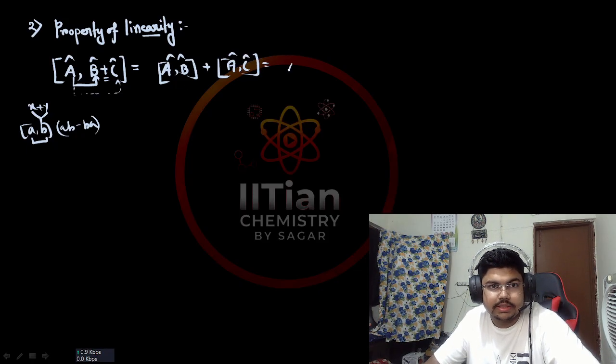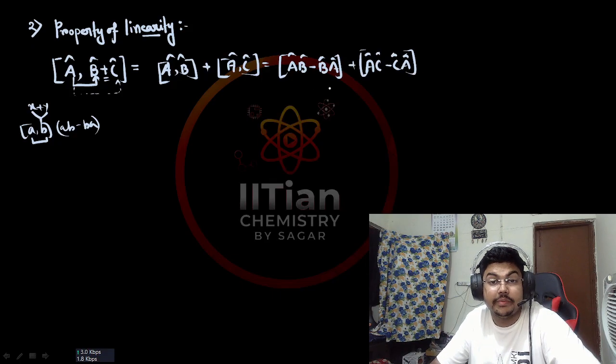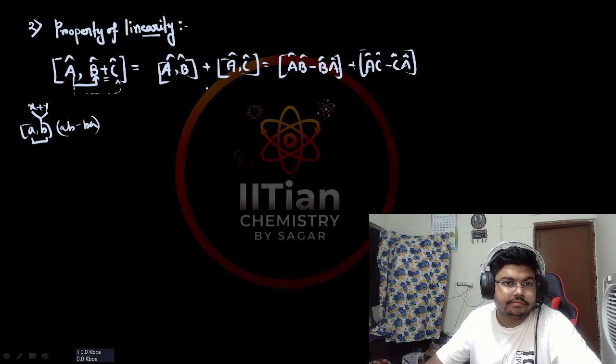Now you write this: AB minus BA plus AC minus CA, right? AC minus CA. Thus you will solve it. Okay.